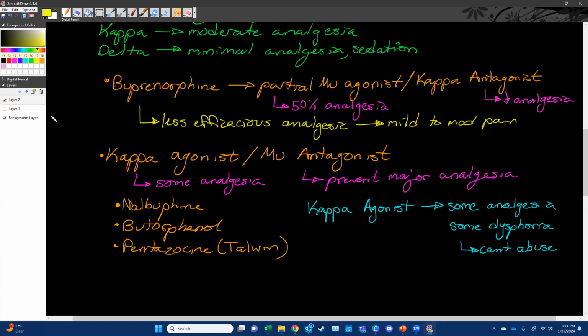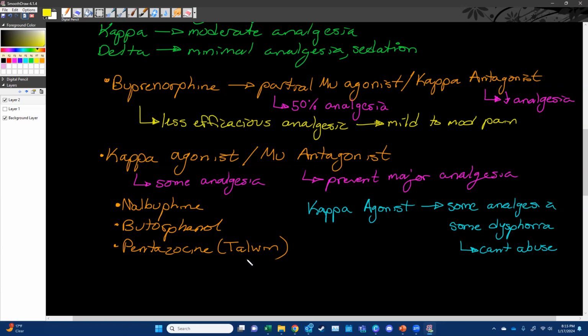Any questions about those? Great question. I think they do the naloxone so that way, I think it's because pentazocine specifically has the least amount of mu antagonist activity.